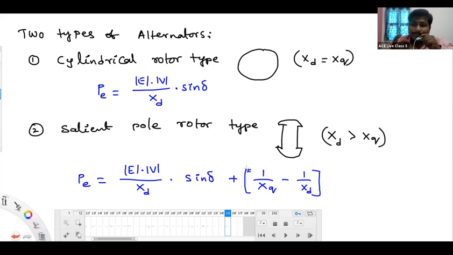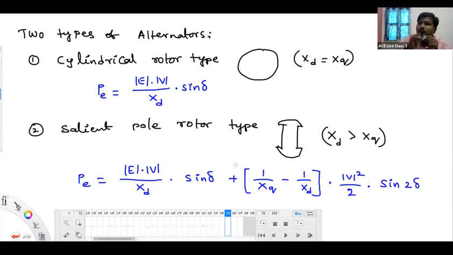This derivation you might be studying in synchronous machines. I am just taking that equation multiplied with mod V square by 2 into sine 2 delta. Like this, we get the expression for the electrical power in the salient pole machine.